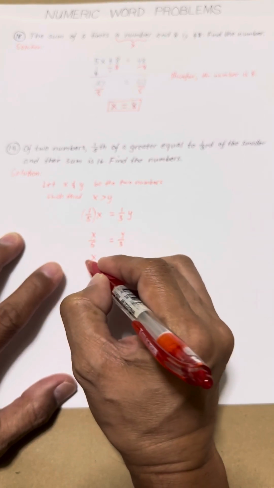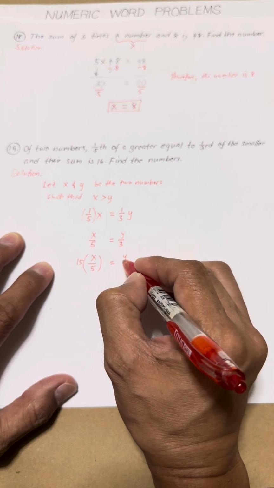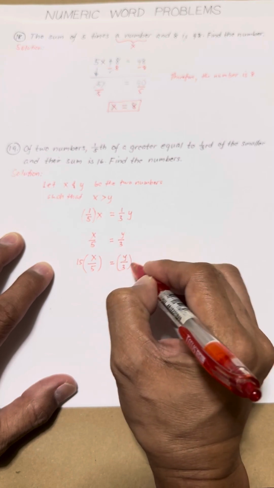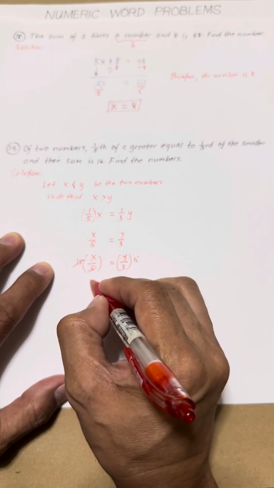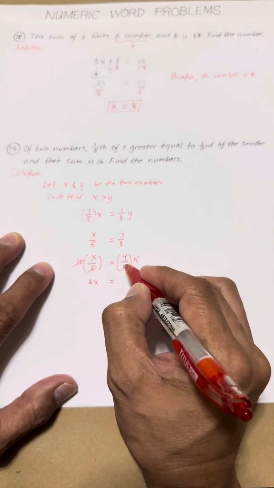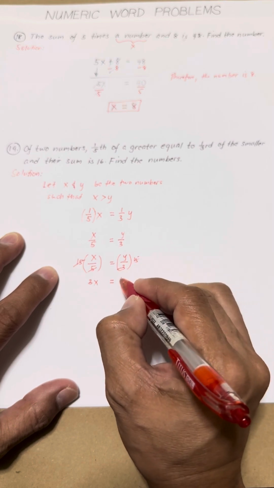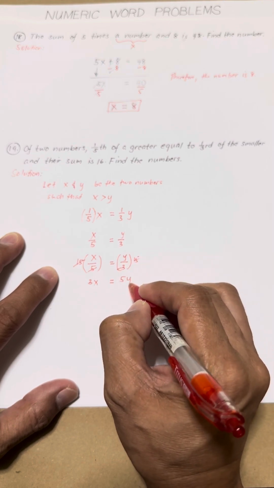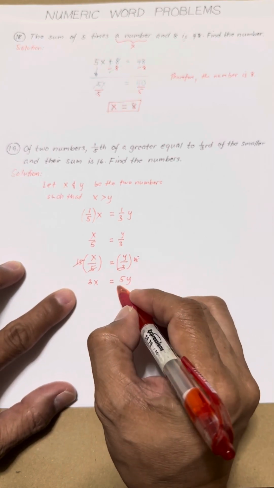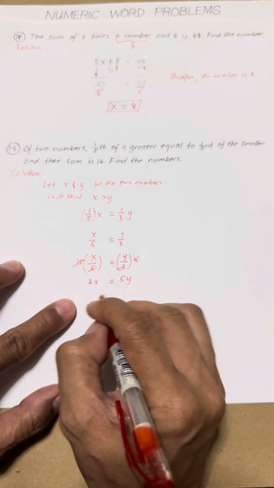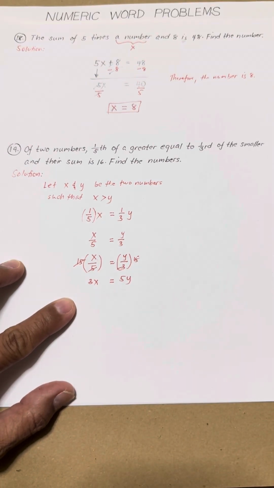So x/5 multiplied by 15, and on the other side y/3 multiplied by 15. This becomes 3 times x, and this one we have 5y. Or we can make the right side equal to 0, so we subtract both sides by 5y.